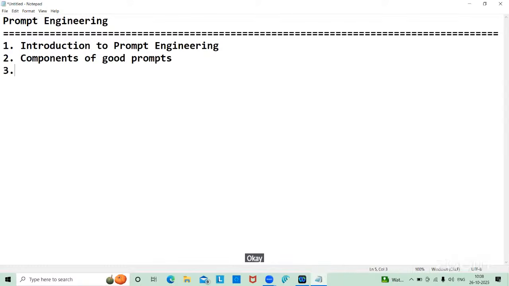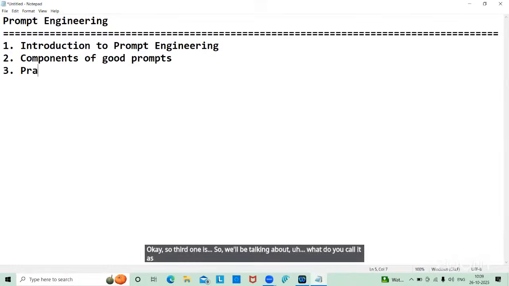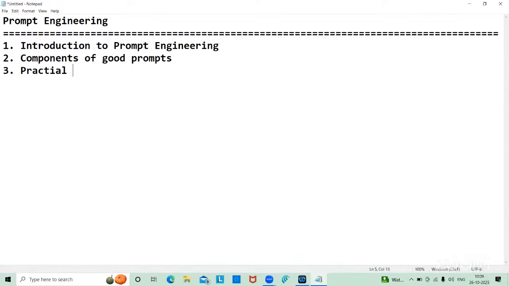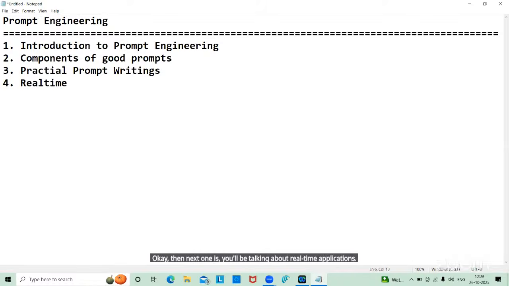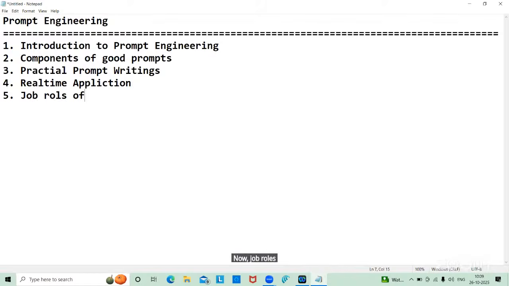The third one is practical prompt writing. Then the next one is real-world applications, or real-time applications, of prompt engineering. And the fifth one is job roles of prompt engineering.